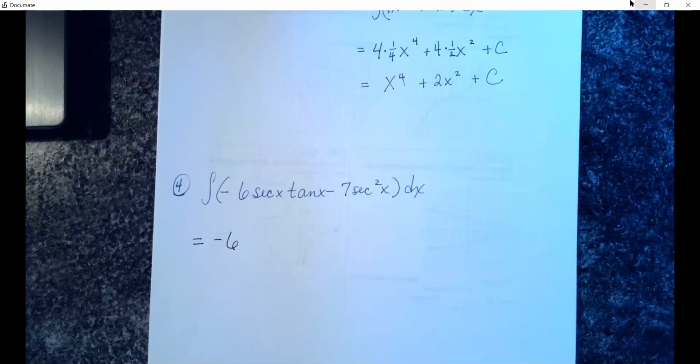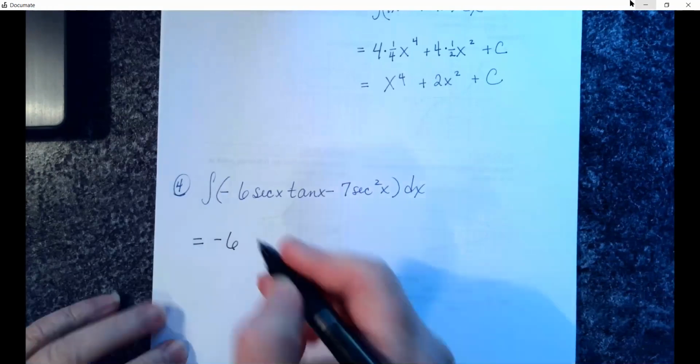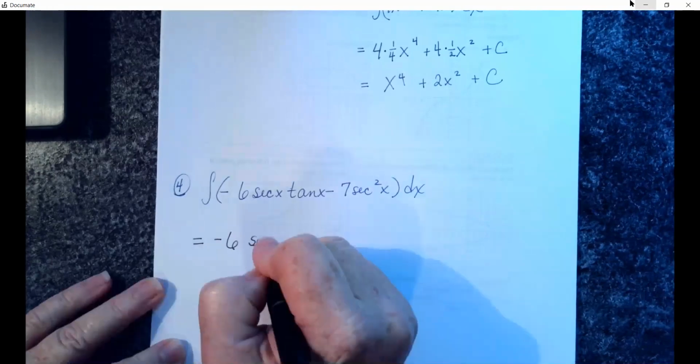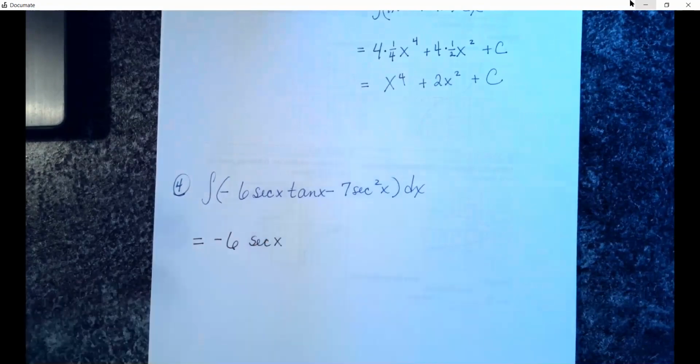I feel like I should have Jeopardy music. Almost got it. Give me just a second. Oh, you're fine. I was thinking secant squared. You're close though. It's not squared. It's just secant. Excellent. The derivative of secant x is secant x tangent x. So the integral of secant x tangent x is secant x.